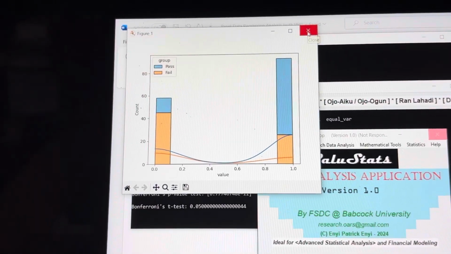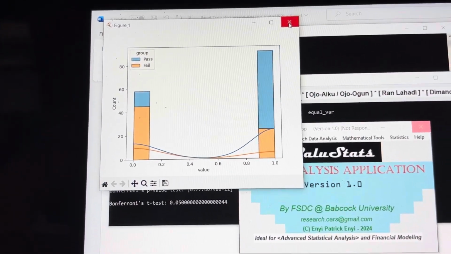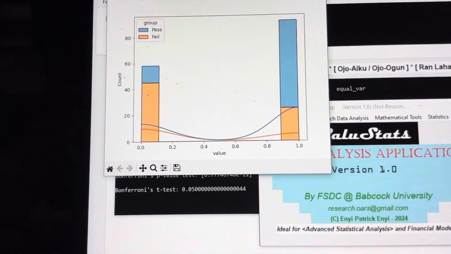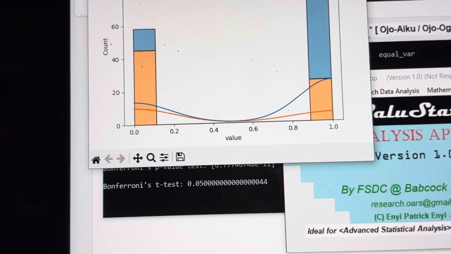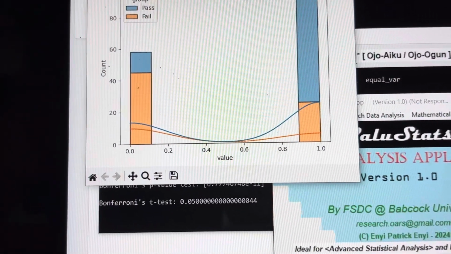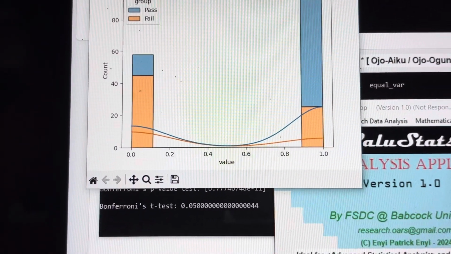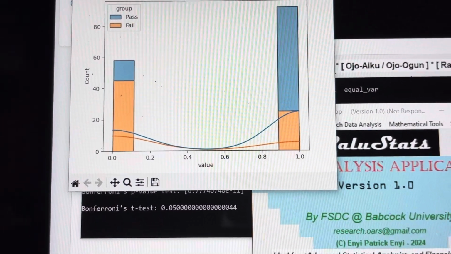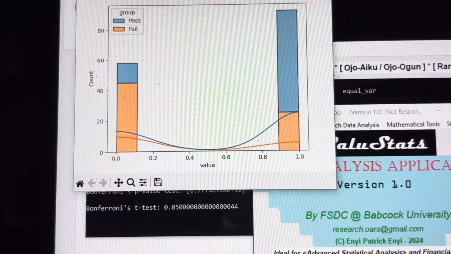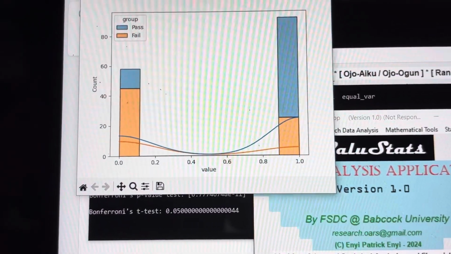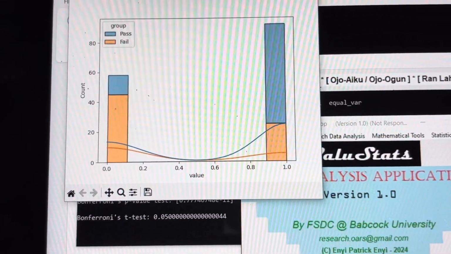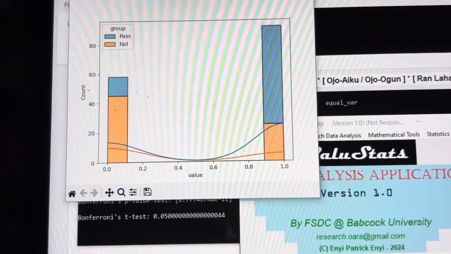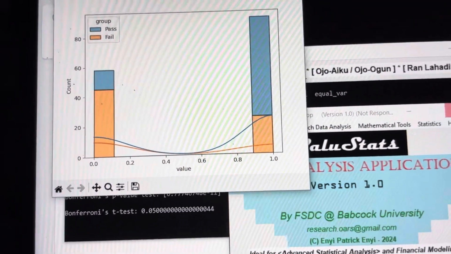You can see from what you can see now, this one is showing us that out of 1 and 0, those who scored 0 are mostly from those who failed, with only a very small percentage of those who passed that scored the 0 mark.